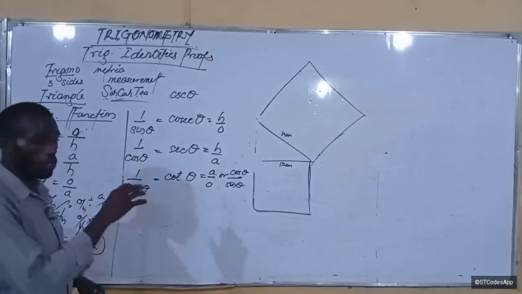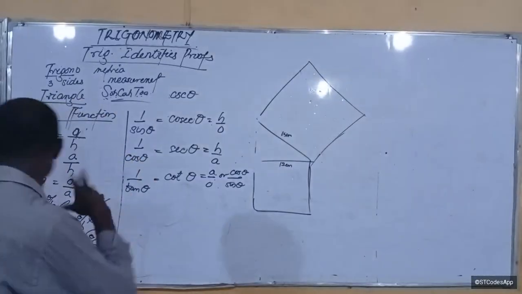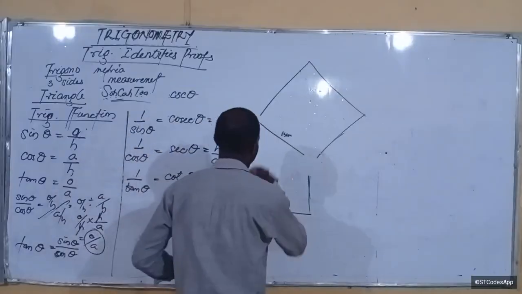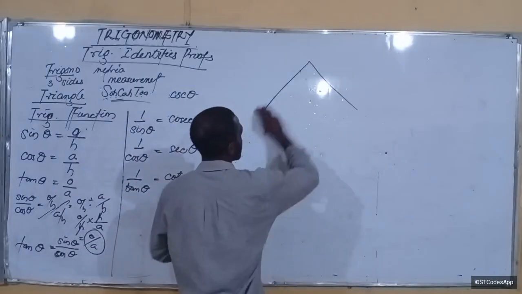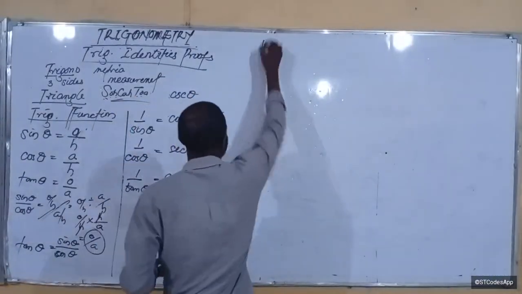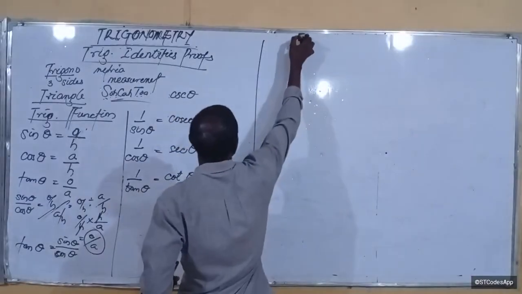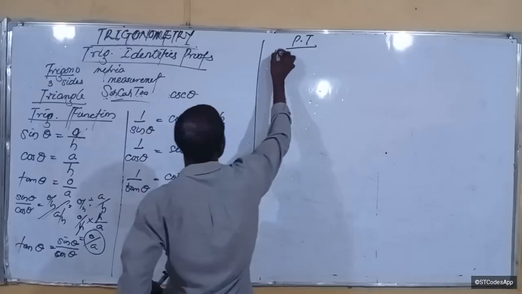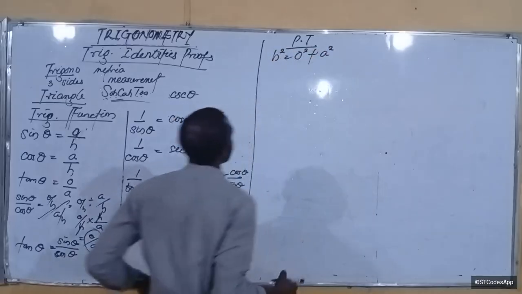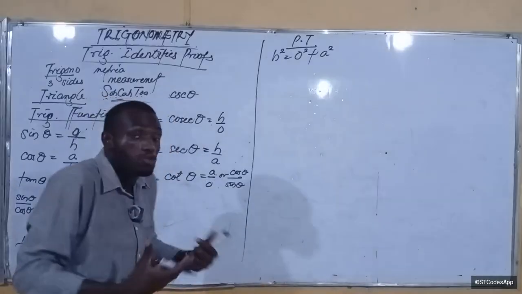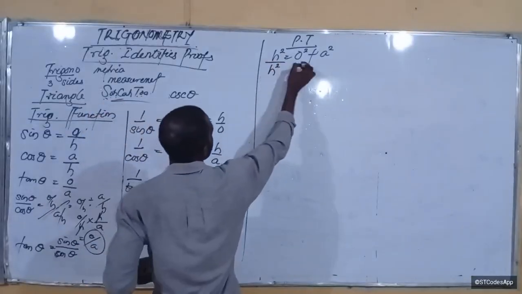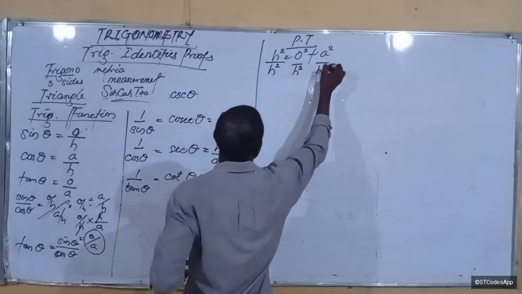Now that we have all of this, let's go on to using Pythagoras theorem to check for some identities. We know that Pythagoras theorem, so let me just put PT, states that hypotenuse squared is equal to opposite squared plus adjacent squared. From here, I could choose, for example, to divide everybody with h squared.